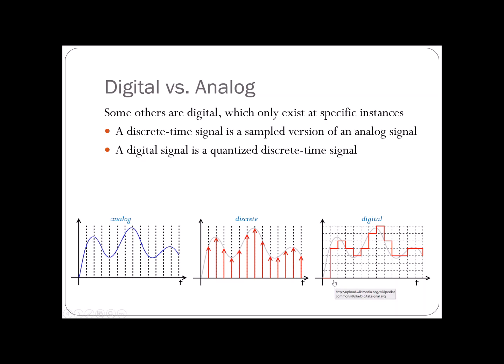And then when you move to a digital signal, you lose another piece of information, attributed to the discretization of the y-axis. Okay, so that is the difference between analog, discrete, and digital signals.